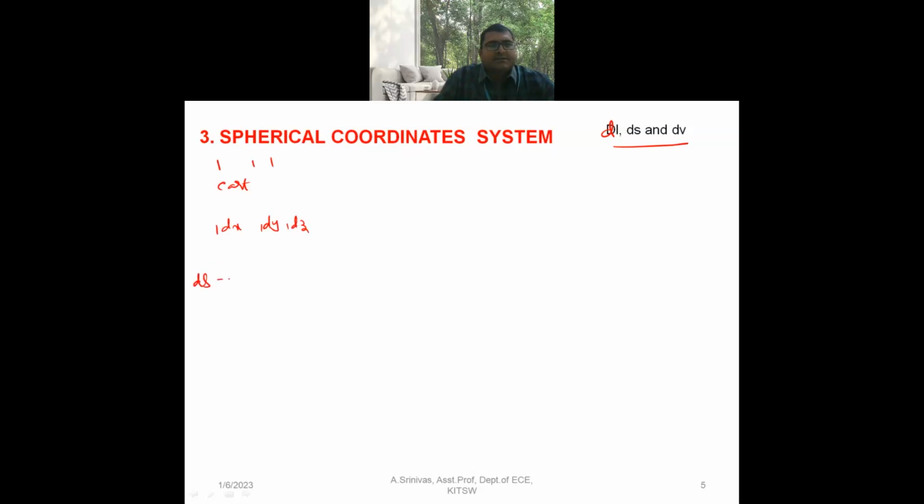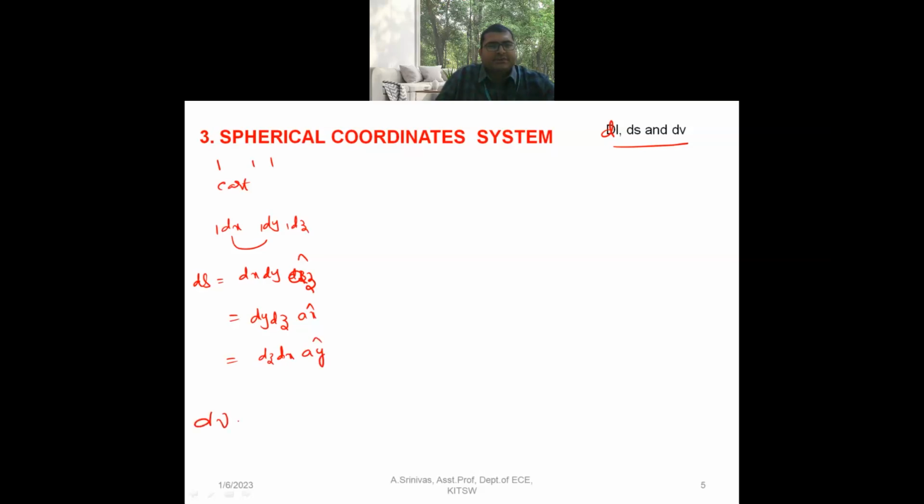The differential normal surface is given as the product of two in other direction. Sorry, it is the product of two in other direction: dy dz along ax direction, dz dx along ay direction, and dx dy along az direction.